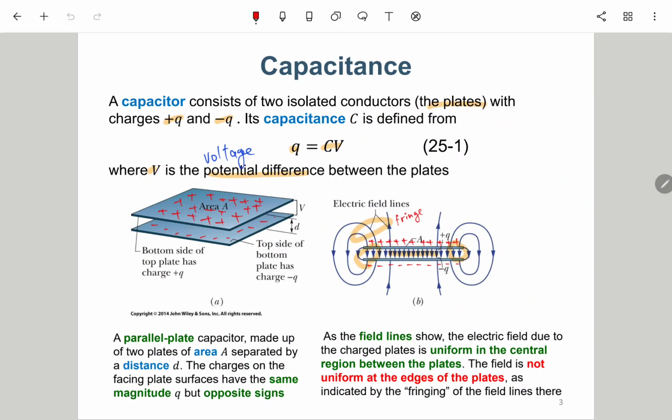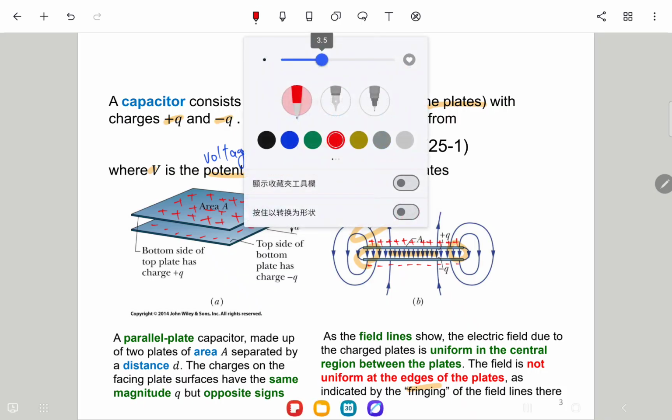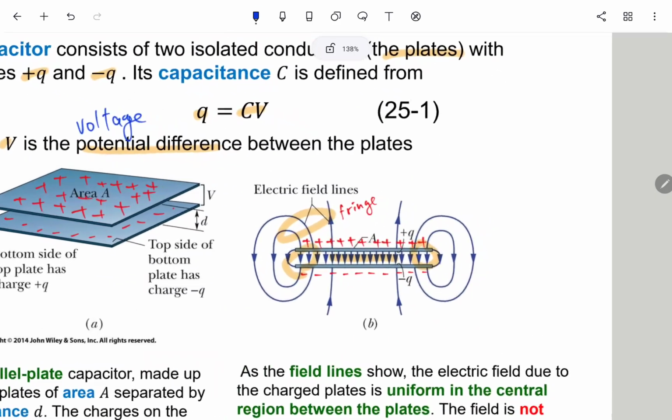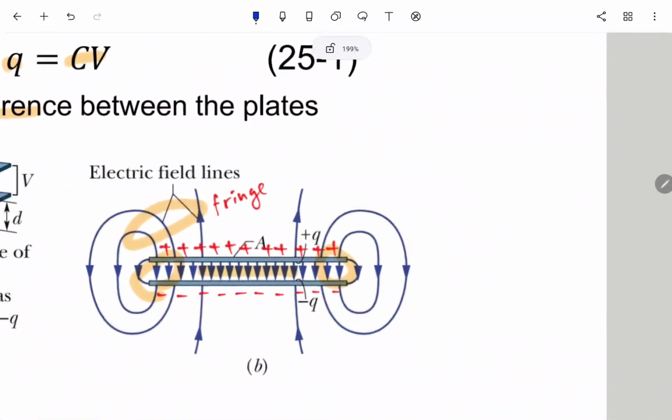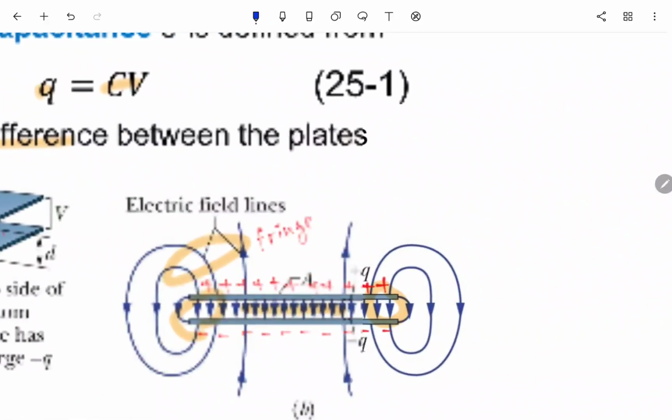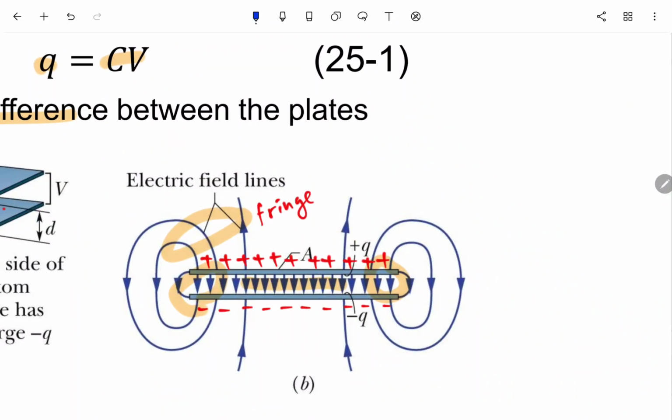However, later on, we will make a simple approximation to the fringing, because we are engineering students, so we tend to make life easier.